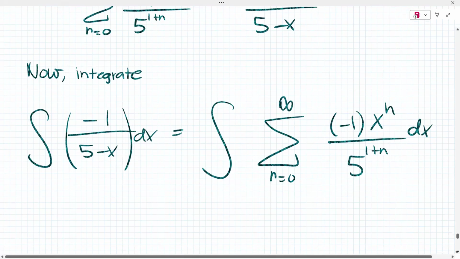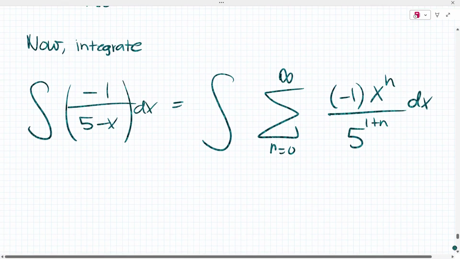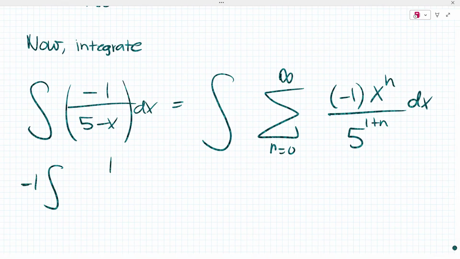Now let's start with the left side. This negative 1, let's make that easier. Let's make that into a positive 1 by factoring out that negative 1 dx. Now, how do you take the integral of 1 over 5 minus x?